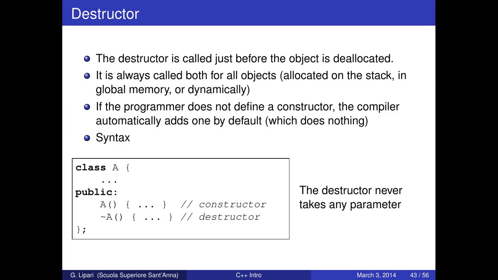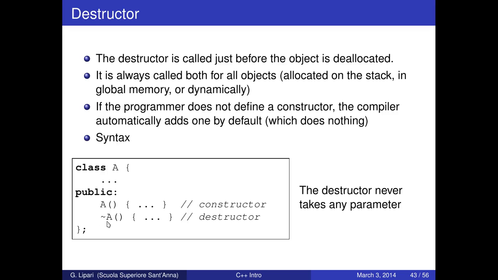The destructor is just the dual, the inverse of the constructor. The constructor is used to initialize the object. The destructor is used for cleanup. So destructor and constructor are always defined for all objects. If you don't define them, the compiler is going to create standard ones for you.